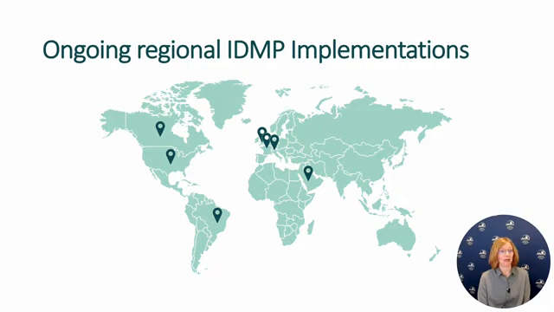For EMA, the ISO IDMP standards are mandated by the EU legislation, and EMA are implementing the ISO IDMP standards in a phased program for substances, products, organizations, and referentials.